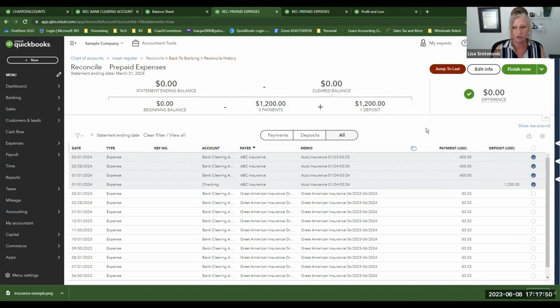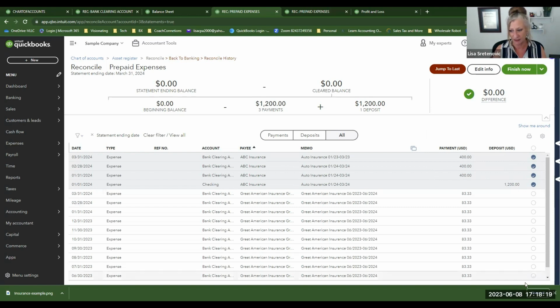In addition to that, you don't want to do it in advance, right? I know that we looked to make sure that we posted all of the entries so that over all of time, everything zeroed out. But for this reconciliation purpose, we only want to mark them as cleared in the period as of the period that we are closing the books.